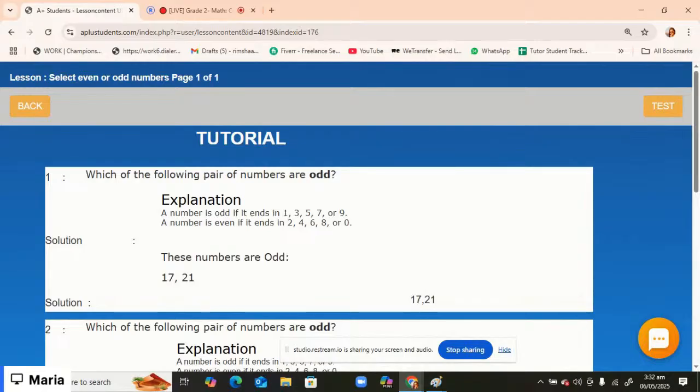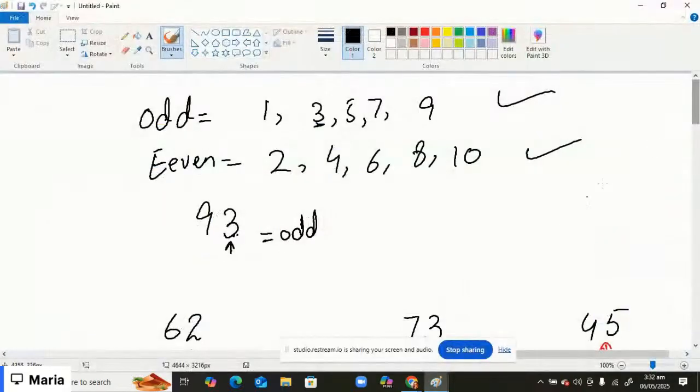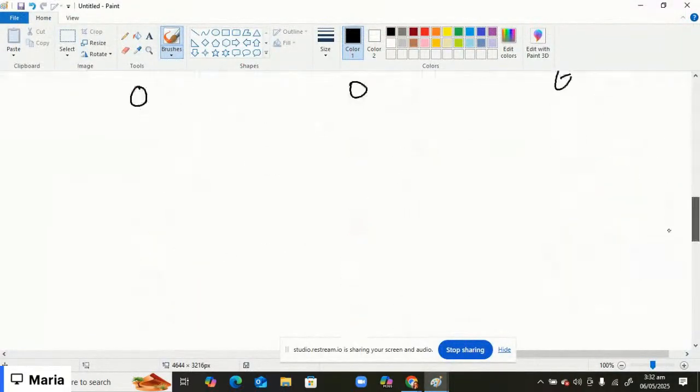Which of the following pairs of numbers are odd? Two numbers are given here, and they are asking which one is odd. First of all, tell me what are odd numbers.